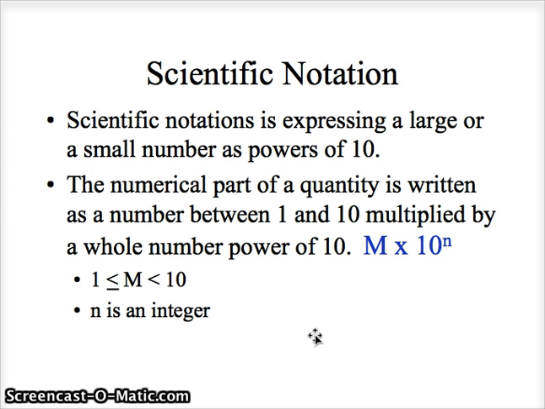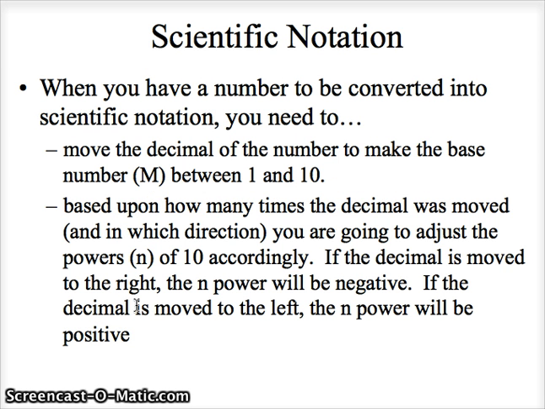It should be basically a single digit whole number with a decimal value, multiplied by a whole number power of 10. So m has to be between 1 and 10. n is an integer, and integer means a whole number. It could be a positive or negative value.